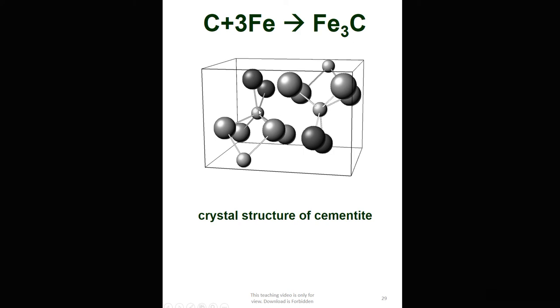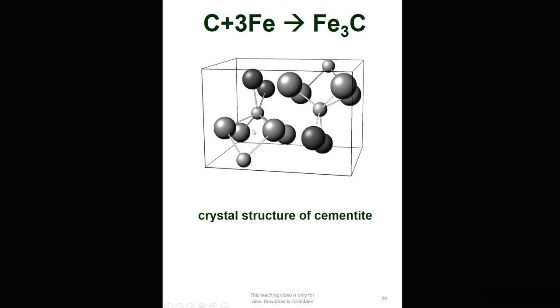It looks like this. This is a carbon atom, and these 1, 2, 3, 4, 5, 6 are iron atoms. So you can look at the unit here: we have 6 atoms of iron and only 2 atoms of carbon.